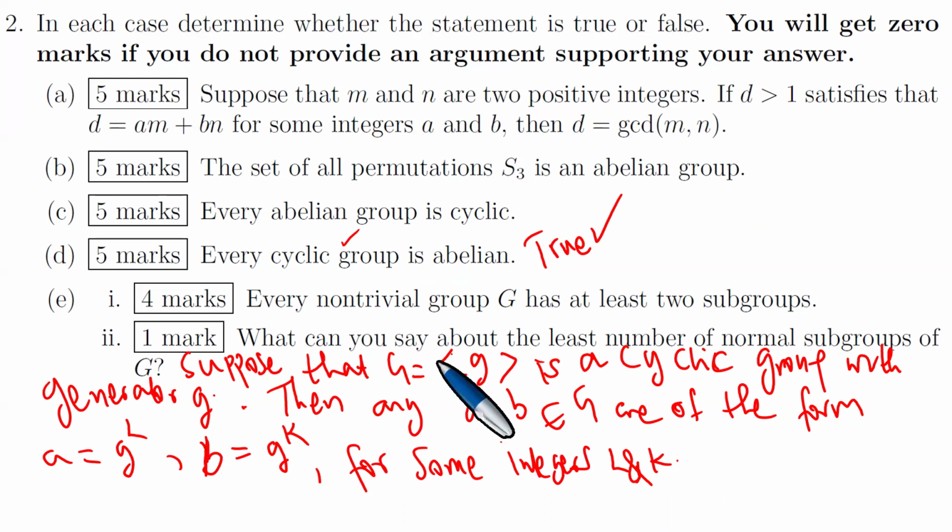This is true for cyclic groups, because a group is cyclic if it can be generated by an element. So any a, b in G can be written in power form: a is g to the power of some integer, b is g to the power of some integer, like g squared or g cubed.